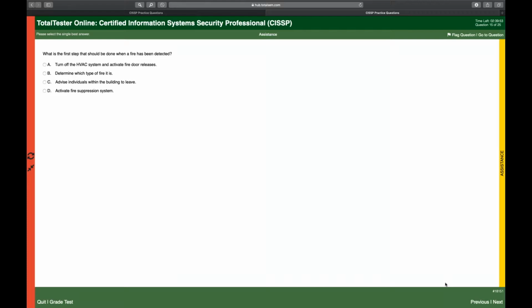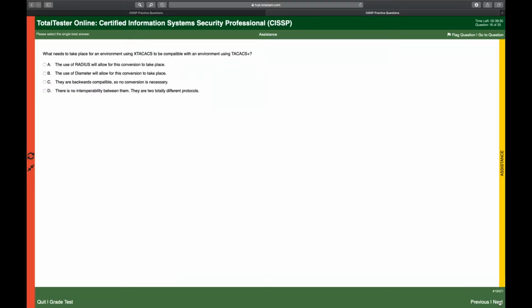Any question that talks about potential harm to people, always save the people. You would think that by activating the fire suppression system, you might be protecting the people, but if an answer says anything about protecting the people, do that first.